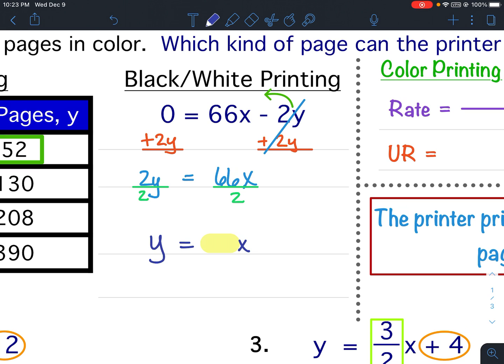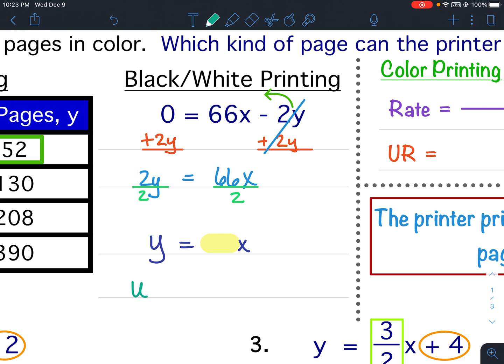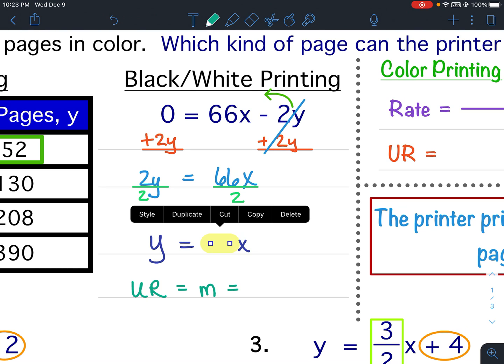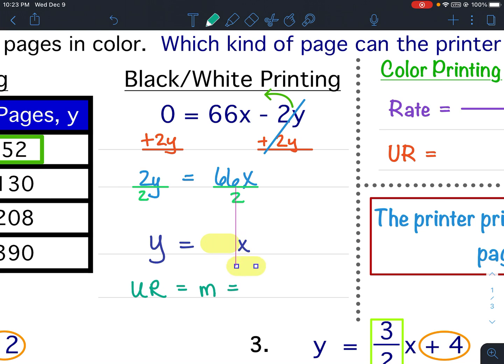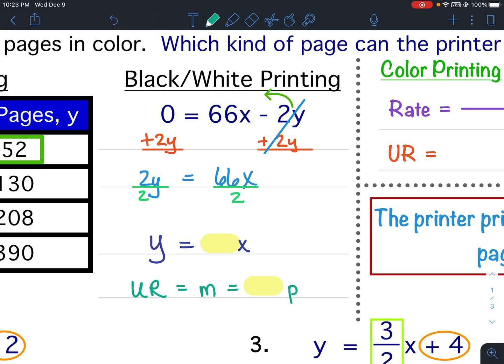So y equals whatever 66 divided by 2 is, x. And then your unit rate is the same thing as your slope, which is going to be whatever this number here was. And then don't forget pages per minute.